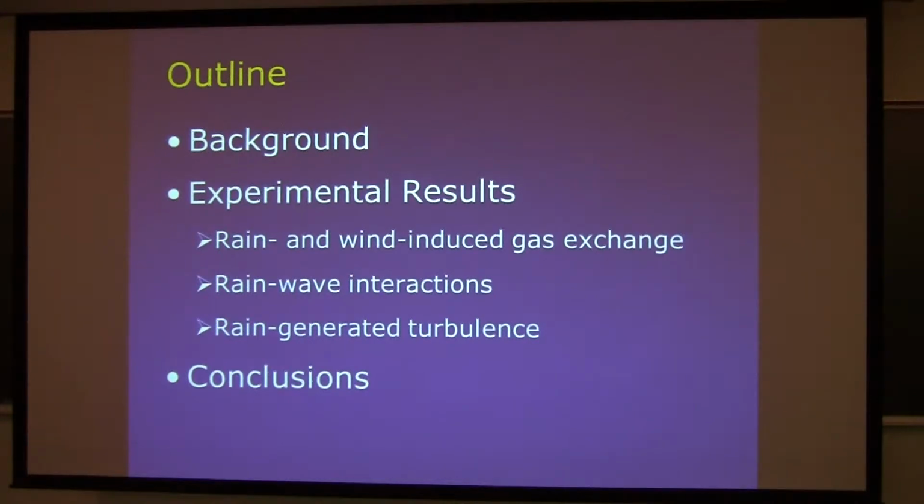They don't care about the small-scale physics. Small-scale physics with rain gets shut out of the problem. Why do we actually care about this problem? Why shouldn't it be ignored? And then I'll get into how I actually investigated the rain problem. There were 3 experimental studies: a rain and wind-induced gas exchange study, a rain and wave interaction study, and then a rain-generated turbulence study, and how the 3 of those actually relate.